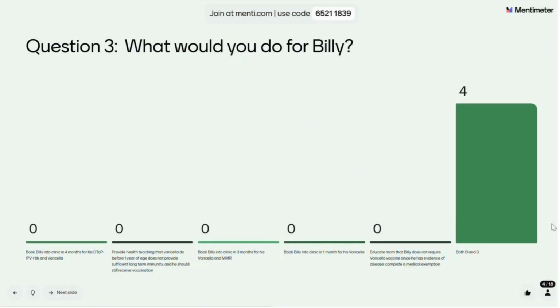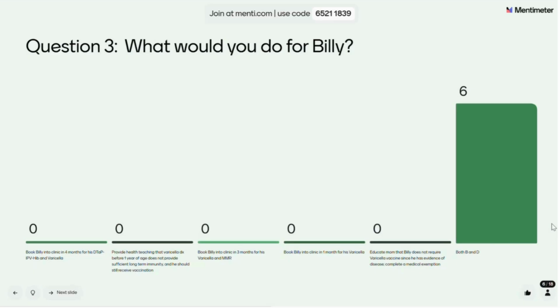Great. So I'm not catching anyone with this trick. So the correct answer is F. Varicella infection only gives long-term immunity if it happens on or after 12 months of age. So his having disease at less than 12 months of age has been associated with an increased risk of a second episode of varicella. So we would recommend the vaccine.